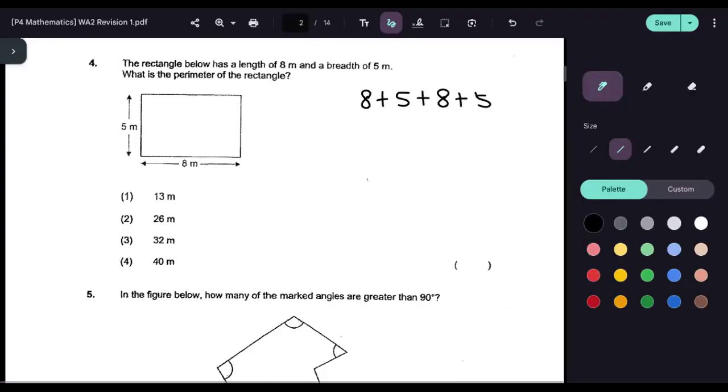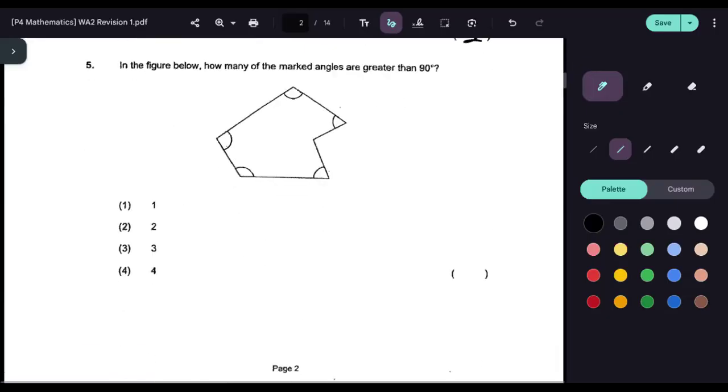How do I know this? You need to take note that for a rectangle, opposite sides are the same. I repeat, opposite sides are the same. So this will be 5 meters, this will be 8 meters. So it's 8 plus 5 plus 8 plus 5, which is 13 plus 13, answer 26. So answer will be 2.